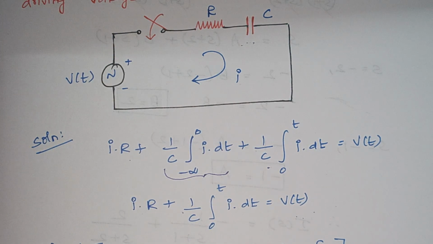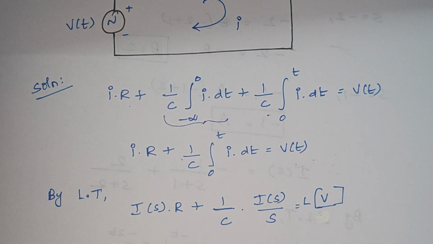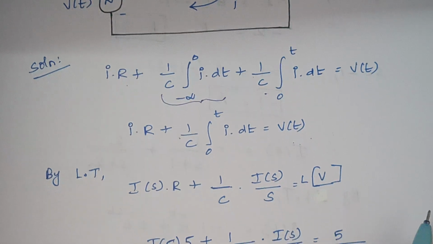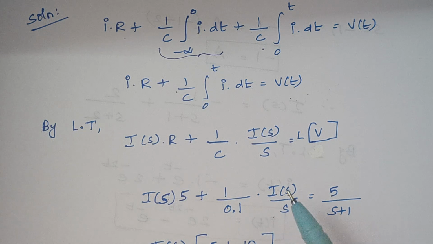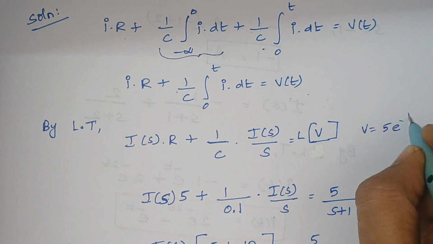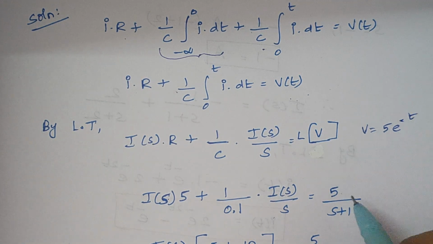Now the next thing is we have to take Laplace transformation. When you apply Laplace transformation, this expression becomes I of s into R plus 1 by C. The value of C is 0.1 farad. So just 0.1 into I of s by s. And when you take Laplace transform of voltage, the voltage here is 5 e to the power minus t. So 5 e to the power minus t becomes 5 by s plus 1. The next thing is we have to take I of s commonly outside.